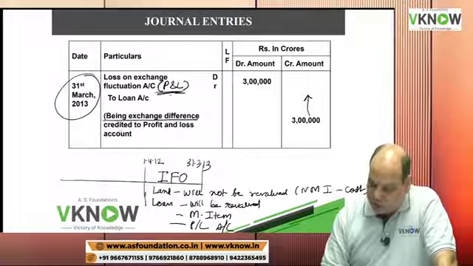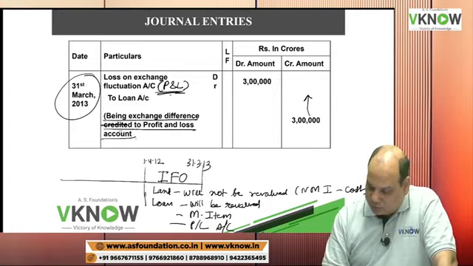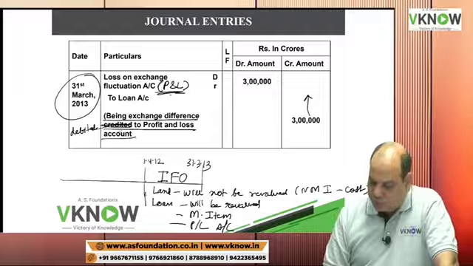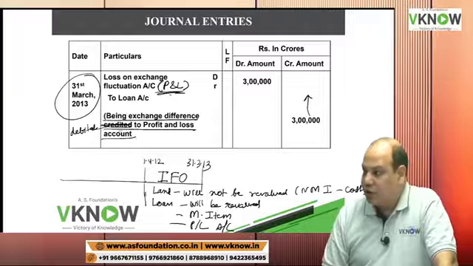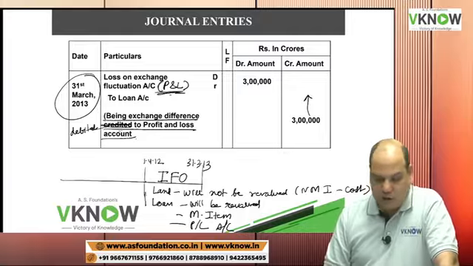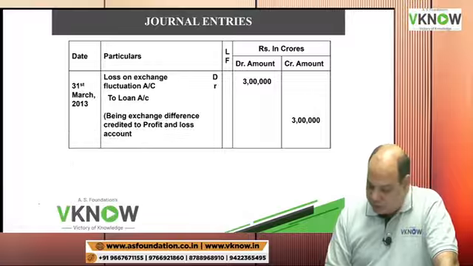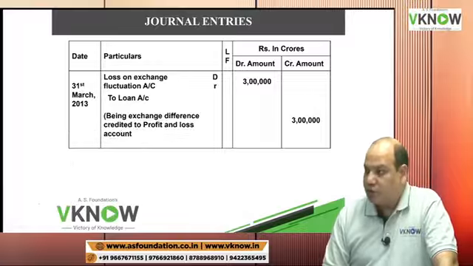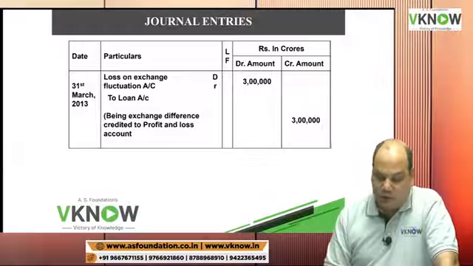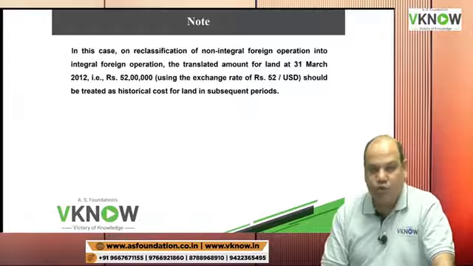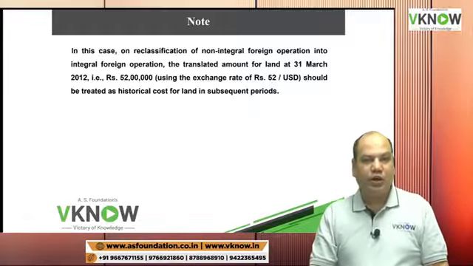Being exchange difference debited to P&L account. Once it becomes EFO, we are going to transfer the difference to P&L account. Land will not be revalued. This answer is over.